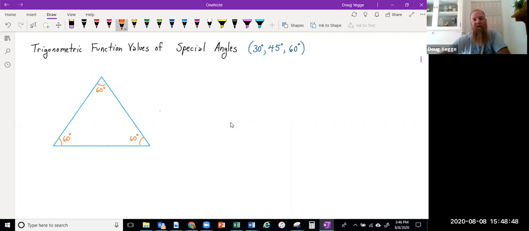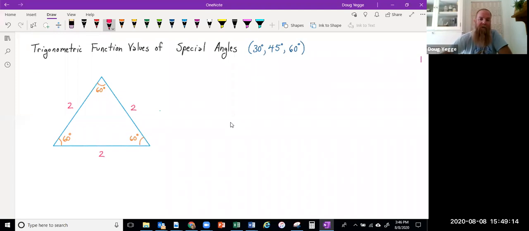So we can already see that based on an equilateral triangle, we're going to see something interesting about 60-degree angles. Now, just for simplicity, we could make the triangle however big or small we want, but we're going to make the size of the triangle 2 units on every side.